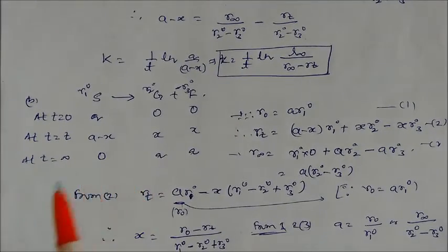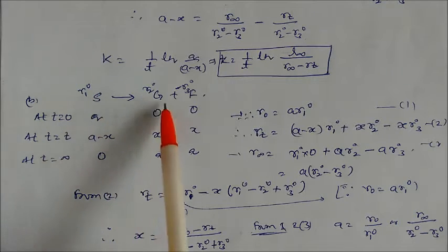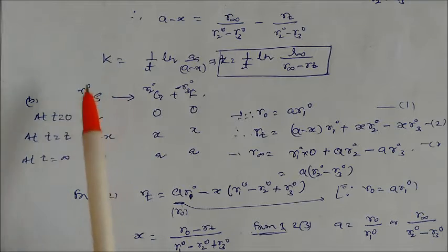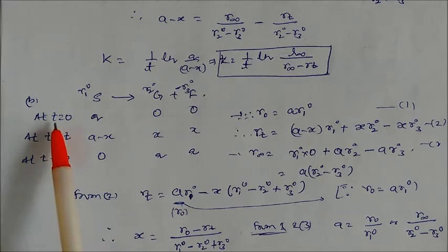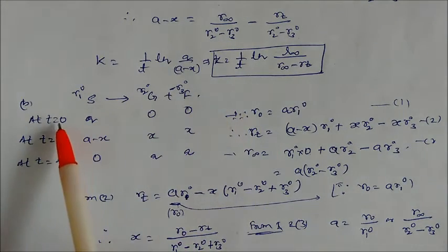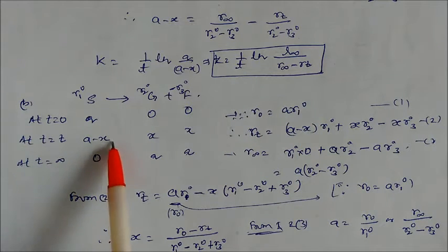In the second question, sucrose is converted into glucose plus fructose. Here R1 naught, R2 naught and R3 naught are given. At t equal to 0, we have a, 0, 0, and the rotation at t equal to 0 will be R naught. At time t, the amounts are a minus x, x, x.